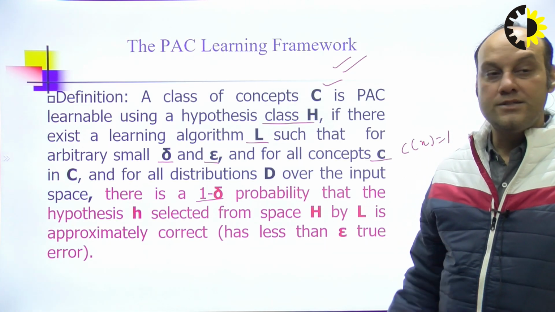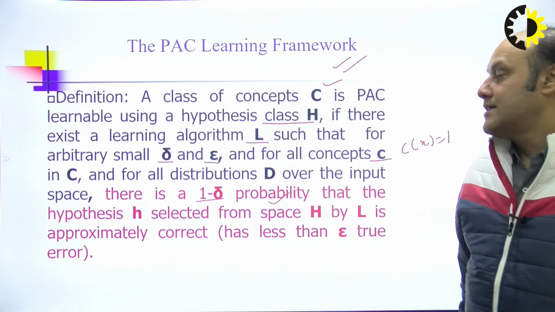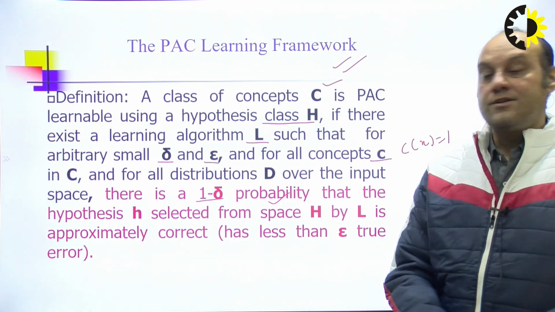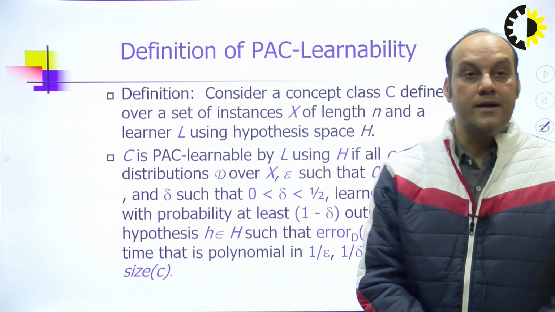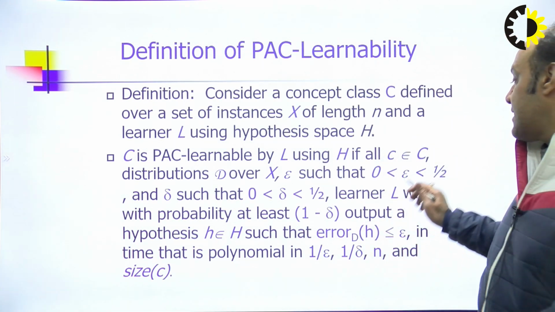Okay, so there is 1 minus delta probability that the hypothesis H selected from this space H by the learner is approximately correct. So this is the definition.